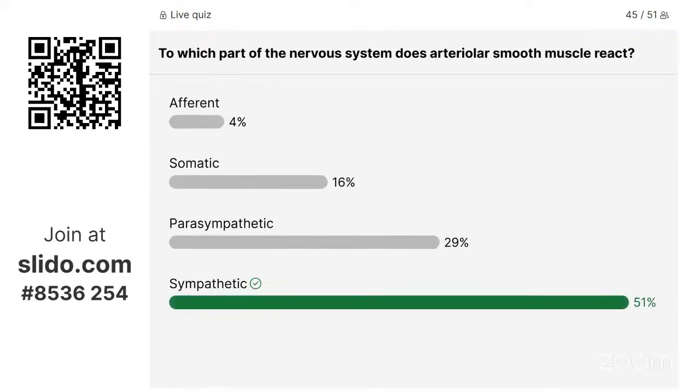All right, yeah. So we were talking about the sympathetic half of the autonomic nervous system. It's the one part that's regulating resistance as it relates to those smooth muscles and arterioles.